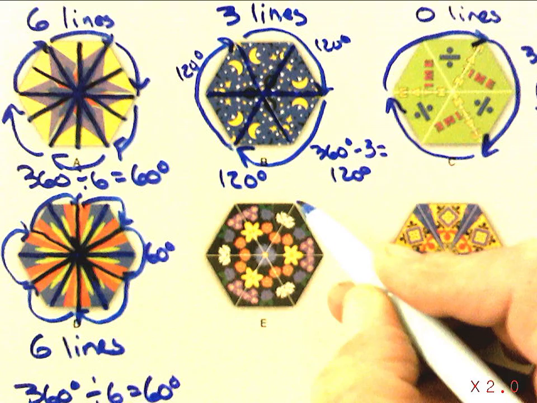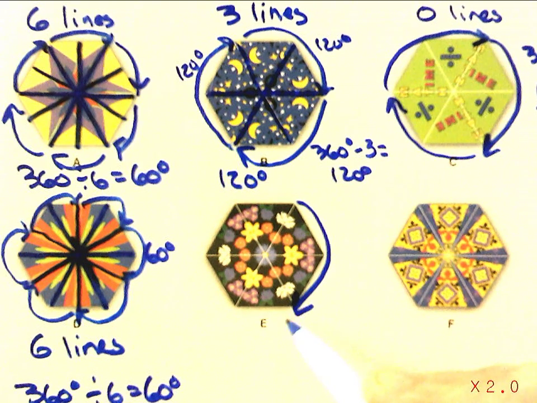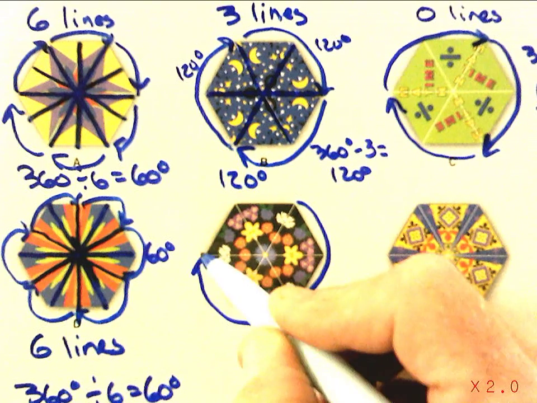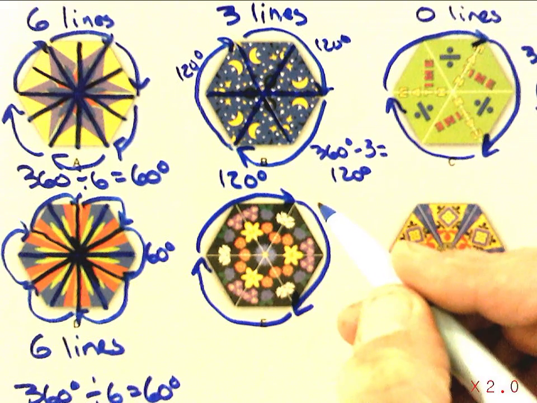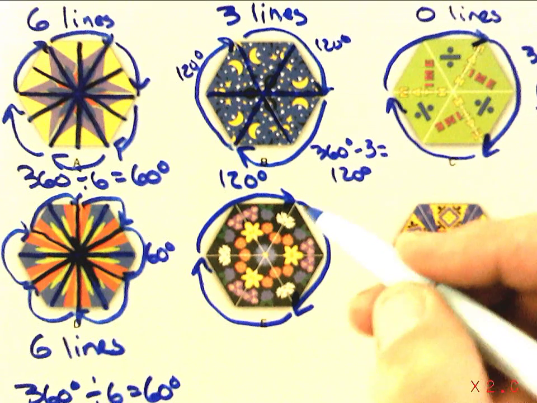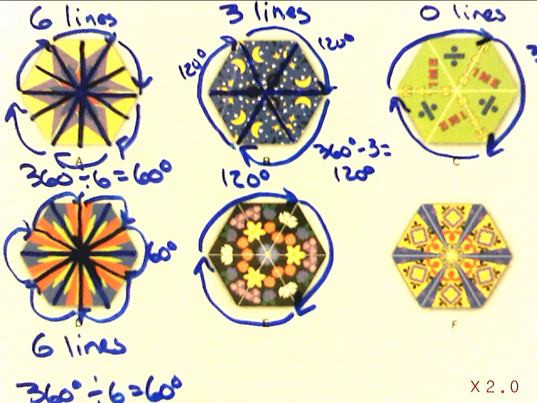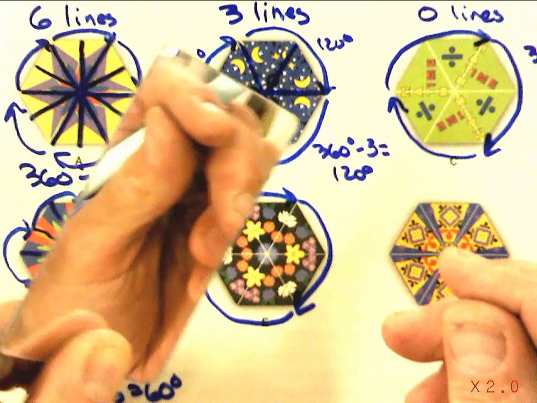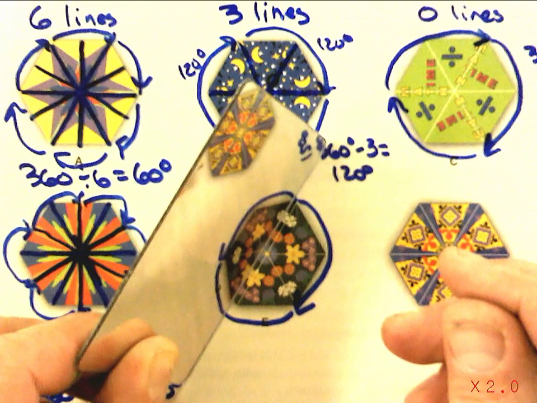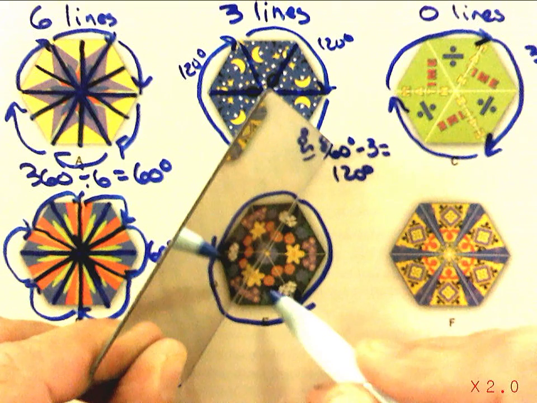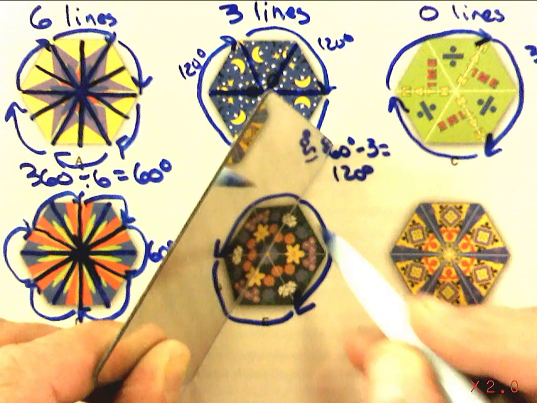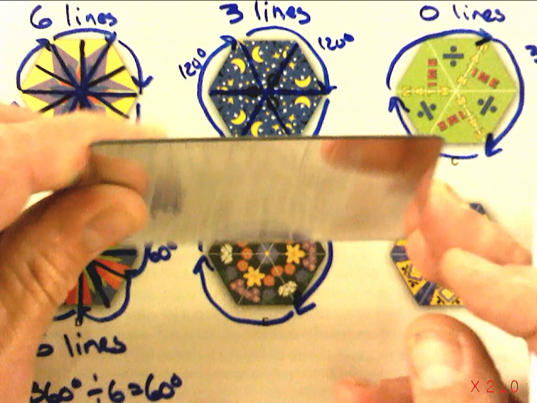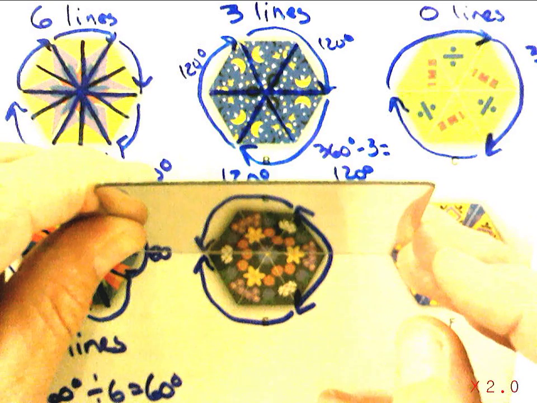So really I can see the rotation symmetry is going to be 1, 2, 3 rotations. So that's my rotation on that. And if I'm going to rotate it, the question is, where would I reflect it? Well, if I'm going to reflect it, it's going to have to be where those points of rotation are. So to get those 3 yellow flowers back in the right place, or the 3 white flowers back in the right place, one of those lines of symmetry, there's one there, there's one there, and there's one there.